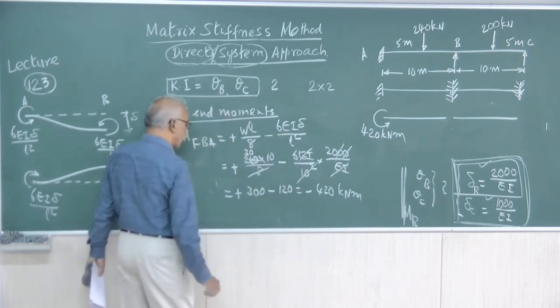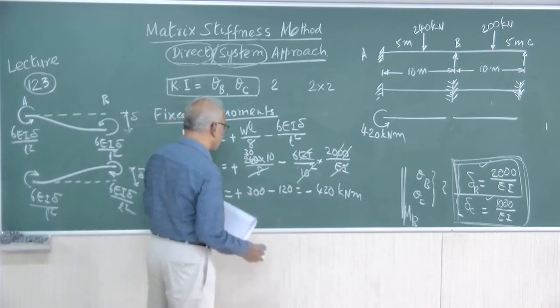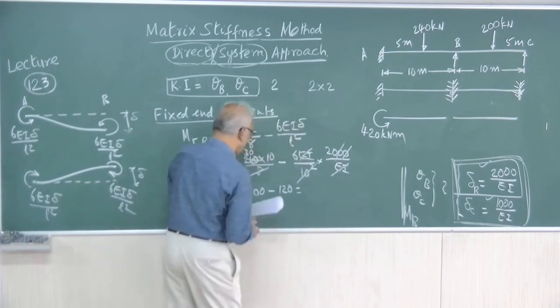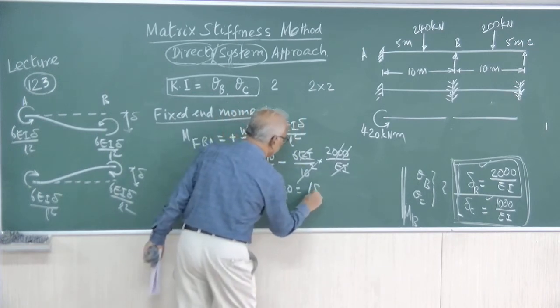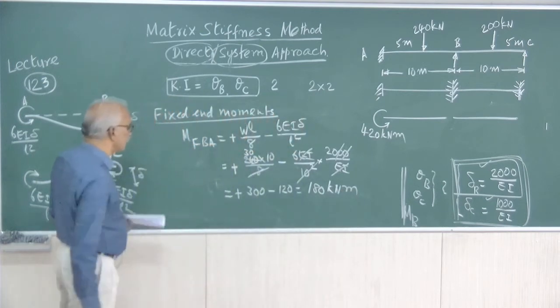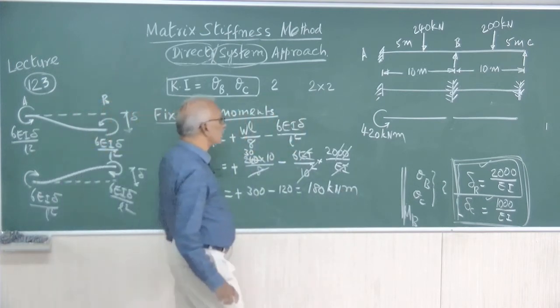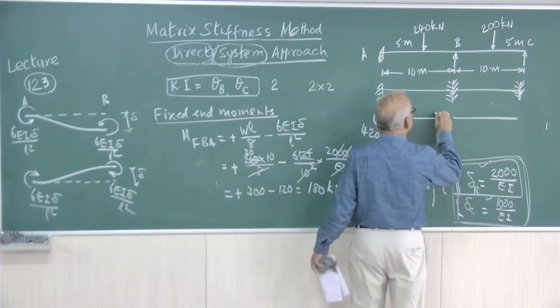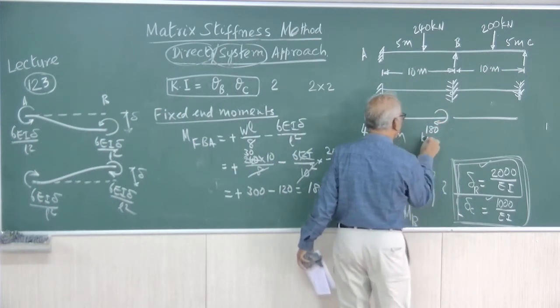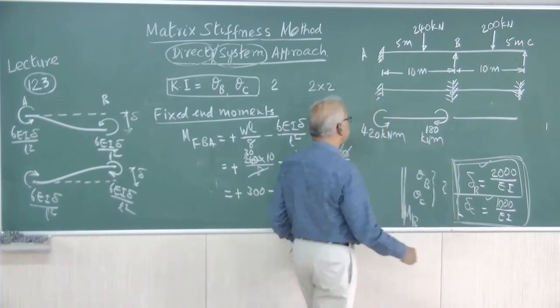On calculation, this will become 300 minus 120, which is 180 kilonewton meter. So that is how we have to find out the fixed end moment for the span AB. So it is plus 180 kilonewton meter.